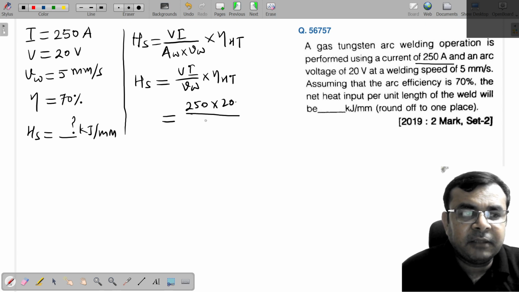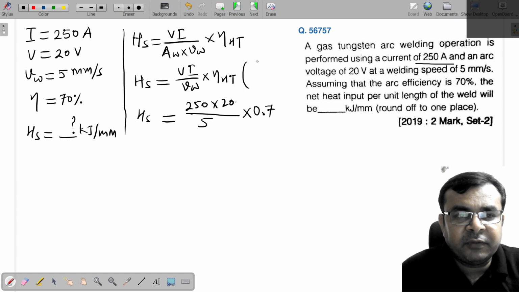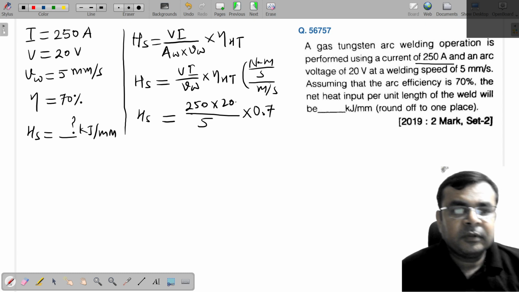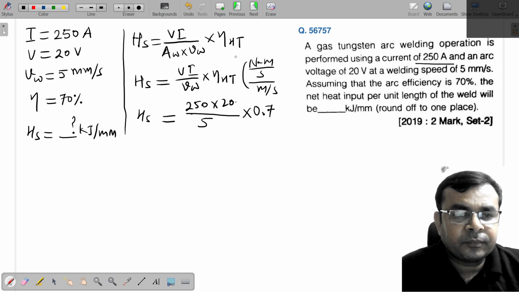Correct? And VW is also given here, that is 5 into 0.7. So this is HS. So now if I talk about units, VI is nothing but watt, so Newton meter per second over velocity, which is meter per second, millimeter per second.